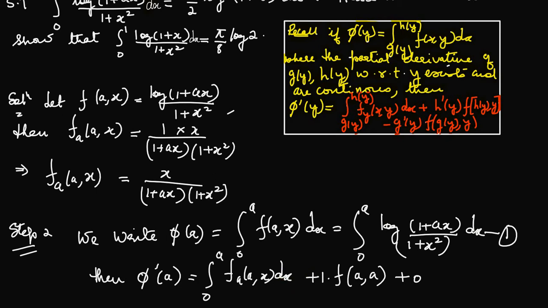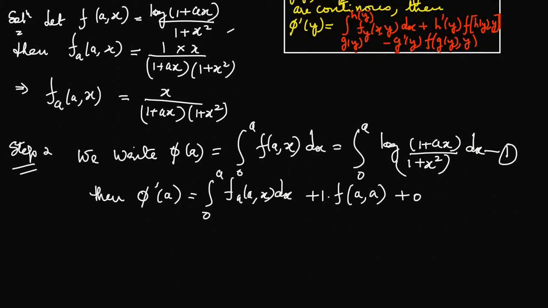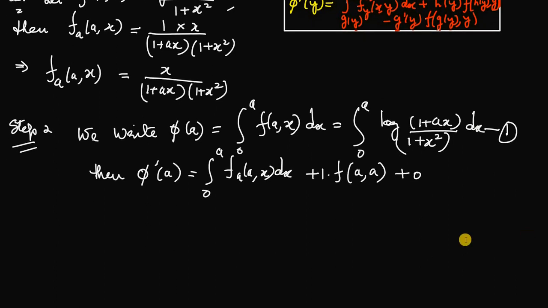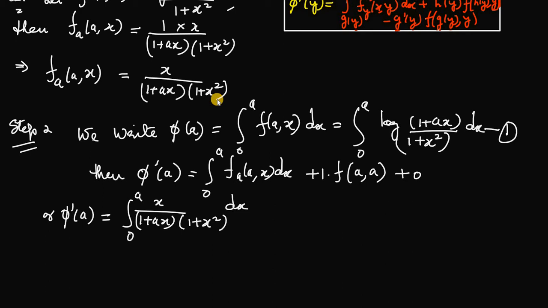So finally, by Leibniz theorem, we have the expression of phi prime of a. Further simplifying, phi prime of a is equal to integral 0 to a of f suffix a of (a, x), which is x divided by (1 plus ax) into (1 plus x squared) dx, plus 1 times f(a, a).